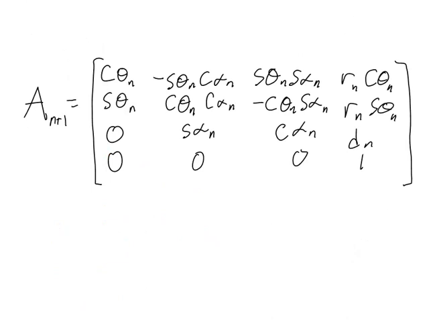In the homogeneous transformation matrix that I've shown here, I've used the letters S and C to represent the sine and the cosine of the angle parameters. Note that the only variables in this matrix are the four parameters that we've already identified. We have theta appearing many times in this matrix.